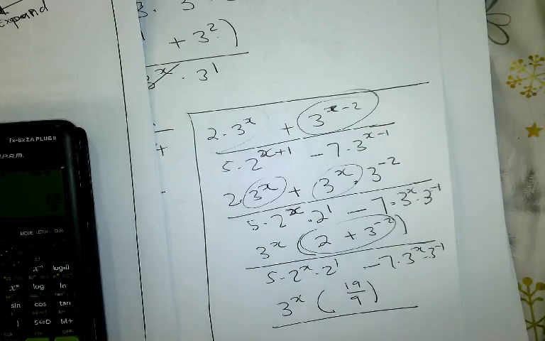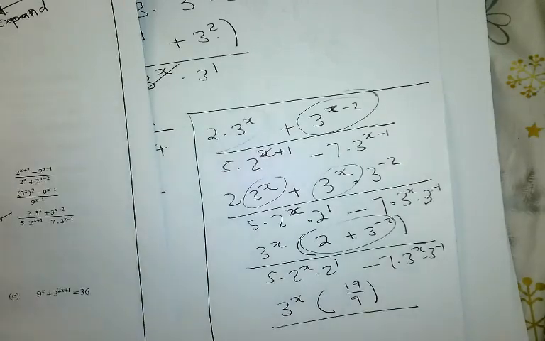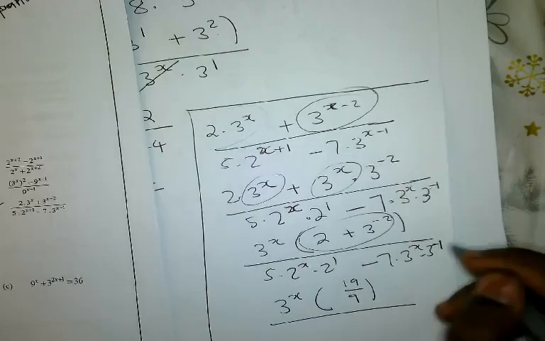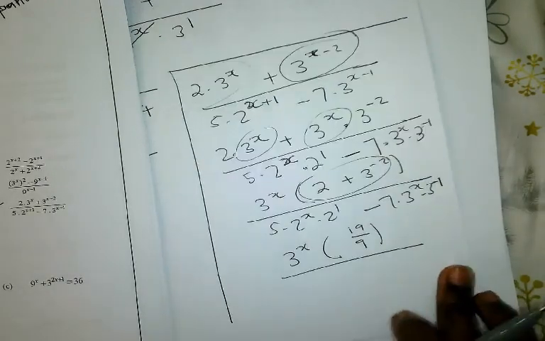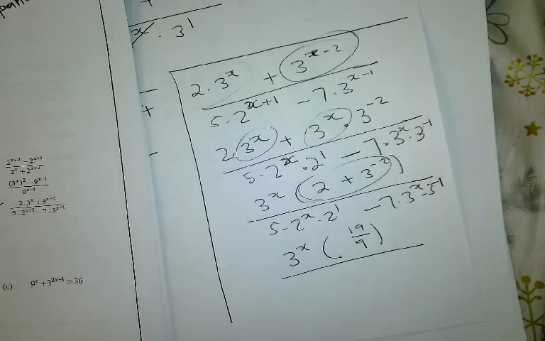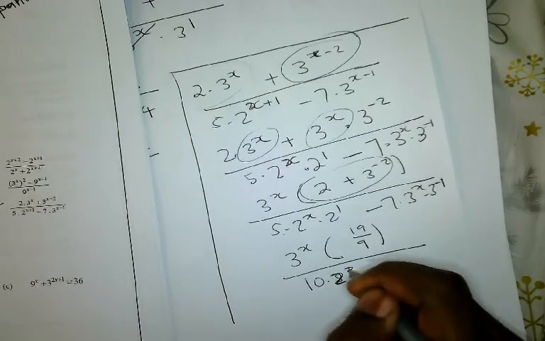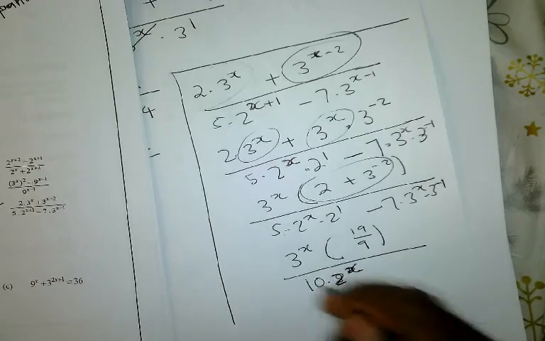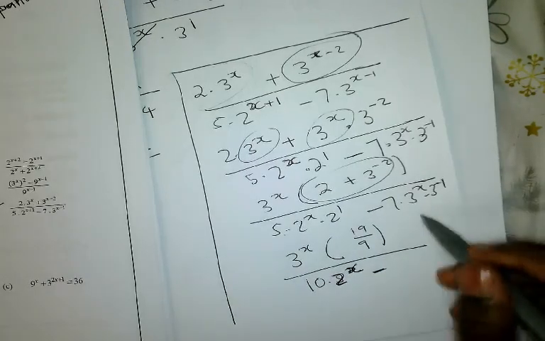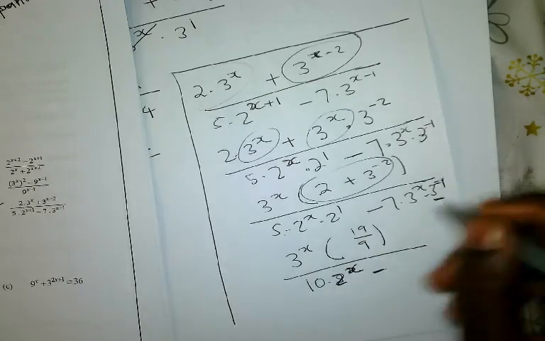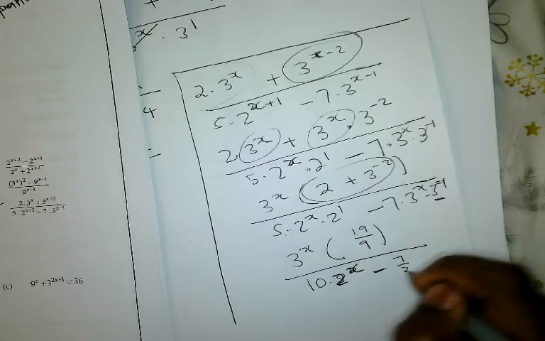For now, the most I see that I can do is to multiply these two together. Maybe I can have this 2x, and then here this becomes over 1. Remember, it's a negative 1 there, so it becomes 7 over 3 multiplied by 3x.